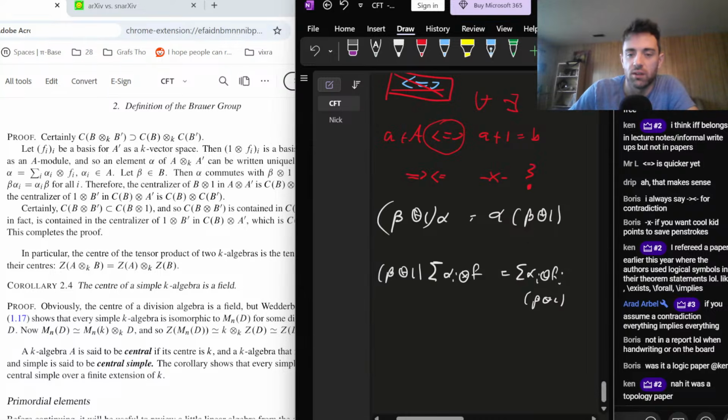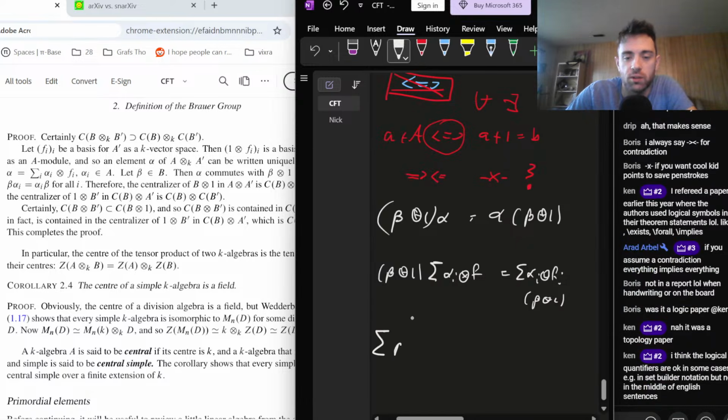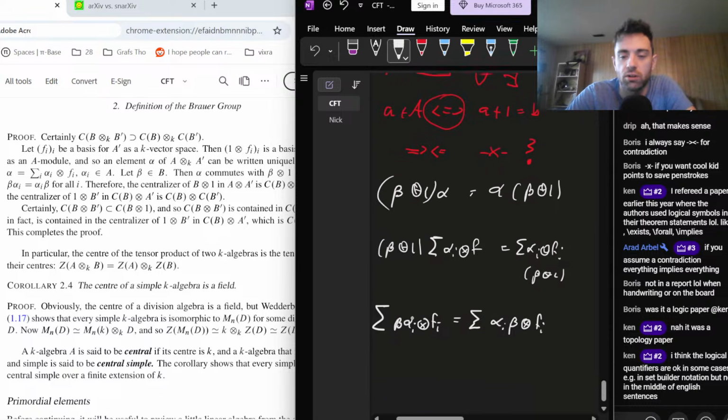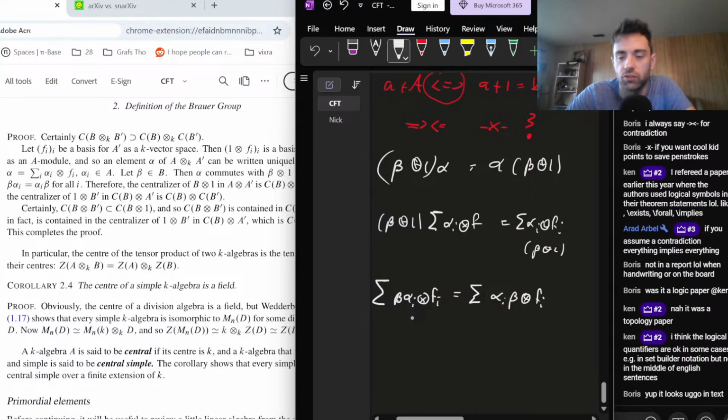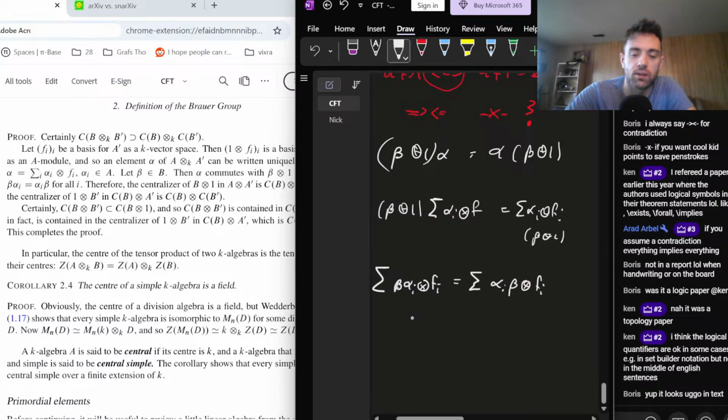Okay, so then what have we got? We've got the sum of beta alpha fi compared to, oh yes, I see. I agree. Because in this case, the fi are, because we're dealing with a k-algebra basis, we don't have to worry so much about weird torsion things happening.